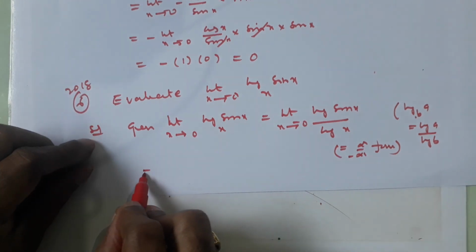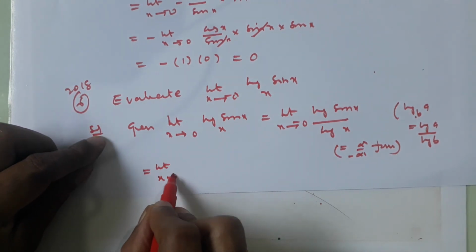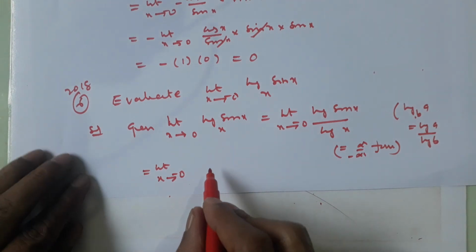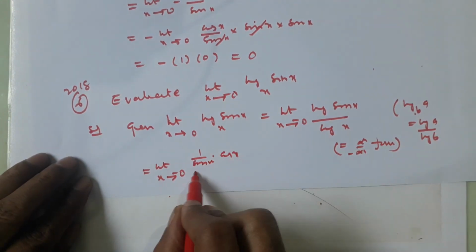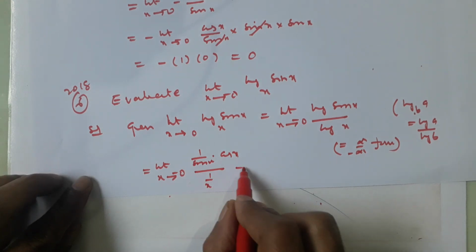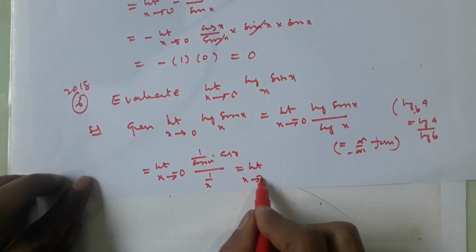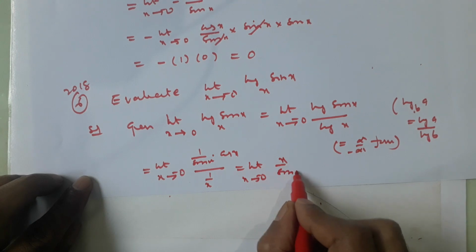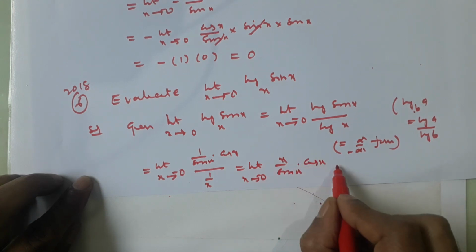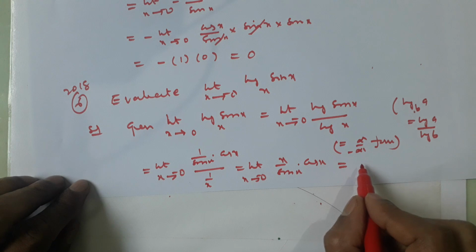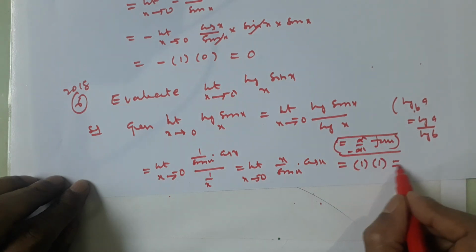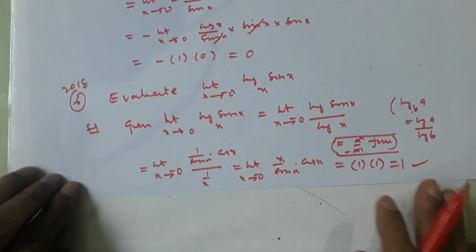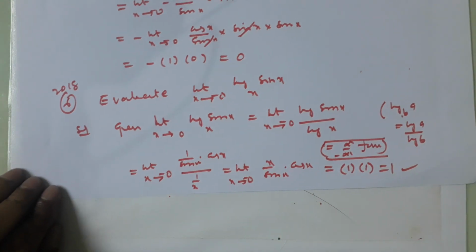It is equal to limit x tends to 0 of log sin x, whose derivative is 1 by sin x into cos x, whole divided by 1 by x, which is equal to limit x tends to 0 of x by sin x into cos x, equal to 1 into 1, equal to 1. So this problem is very simple, easy to find the limit.